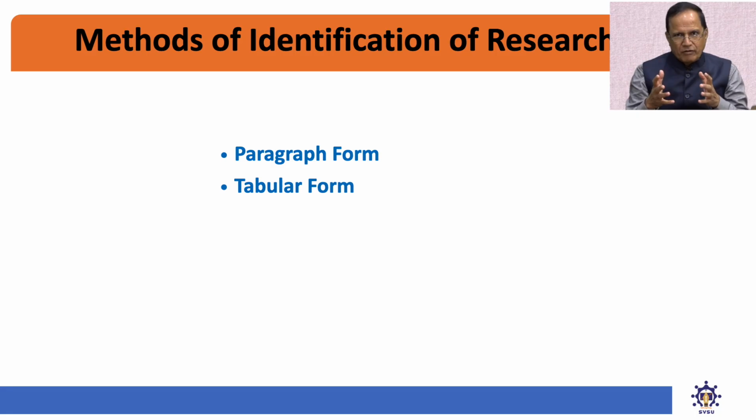In the paragraph form, the researcher will write in the form of a report, citing that so and so researcher has conducted a study on the topic or on so and so area, and the findings were so and so.